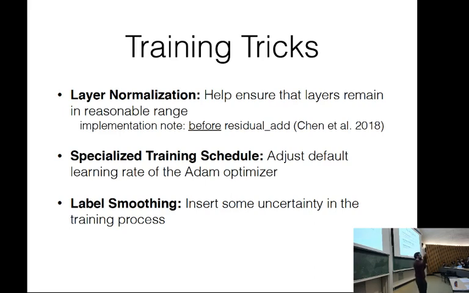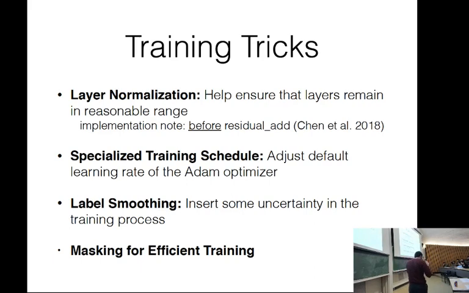You make the probability of the correct word slightly lower, like 0.9, and distribute the rest of the probability mass to all the other words, essentially making the model a little more uncertain during training, but that helps generalization and the final performance.